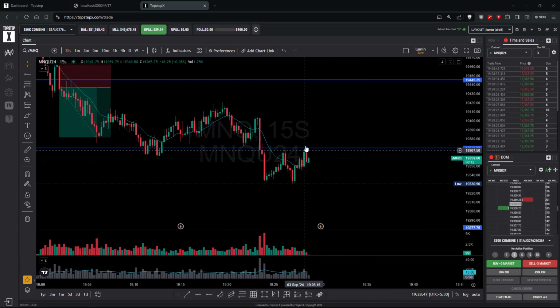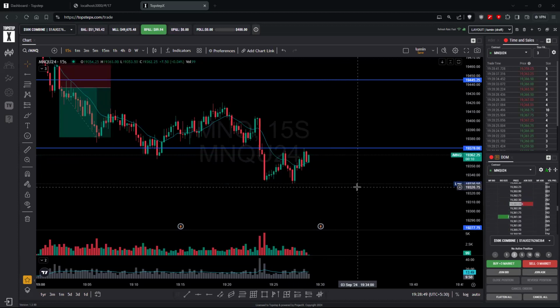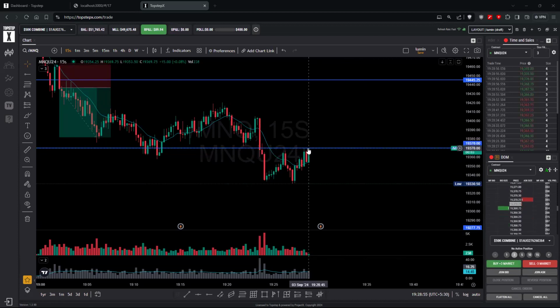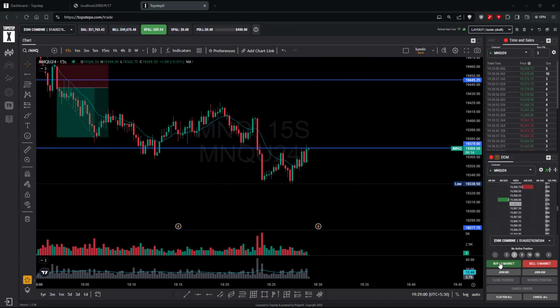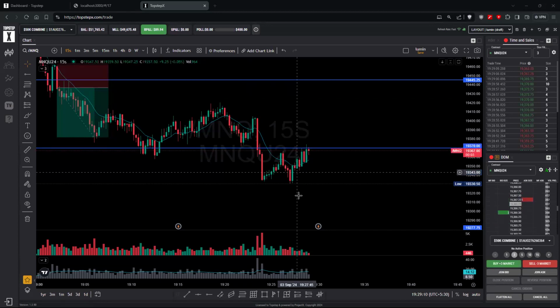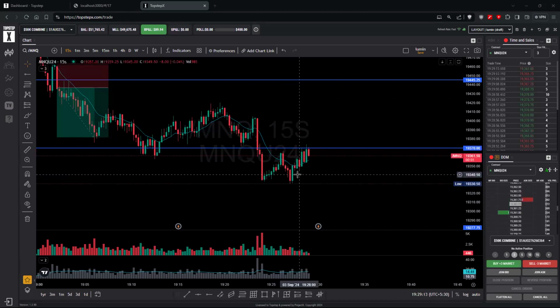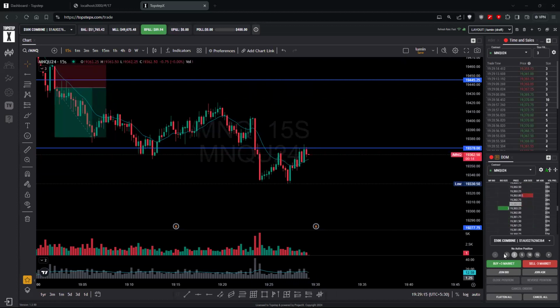So if this green candle closes above this, I'm going to enter another long. It should close above this level. So let's wait. It didn't close above that level. This is a nice double bottom, and price is rejecting here.